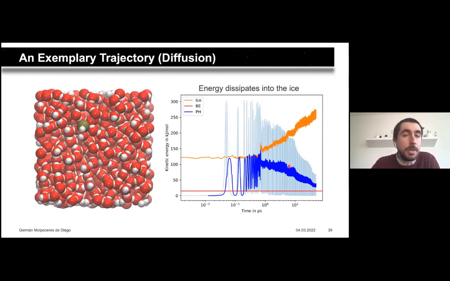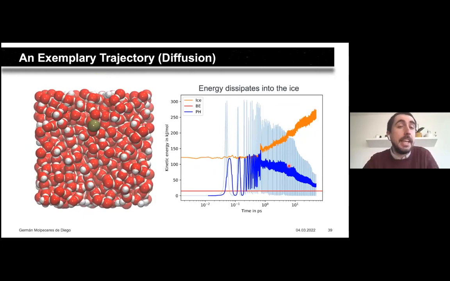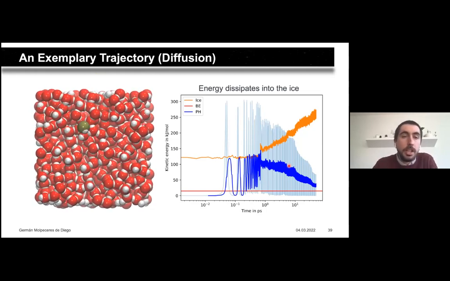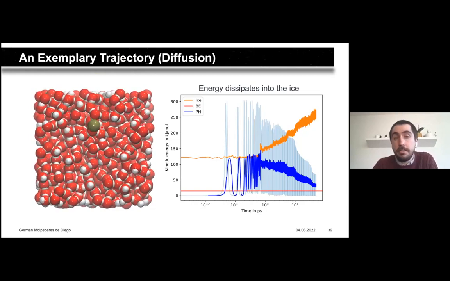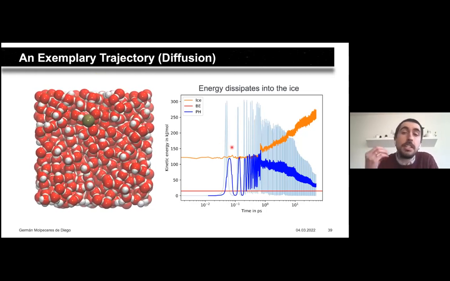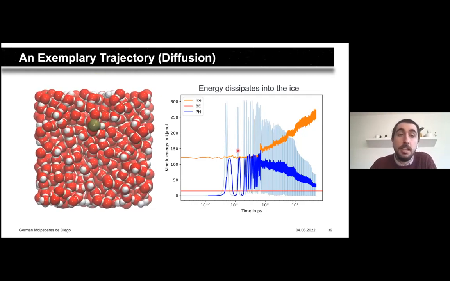The most normal outcome of a reaction is that the molecule stays on the surface and starts to diffuse a lot in the time frame of the simulation. When the molecule does that, it starts to move following a given path, similar to the one that I've been presenting before in the study of diffusion, in which in every movement, the molecule inoculates some energy into the ice, slowing itself in the process.